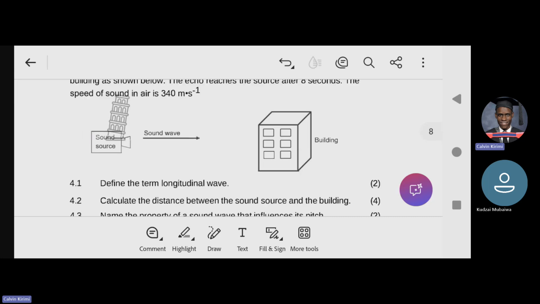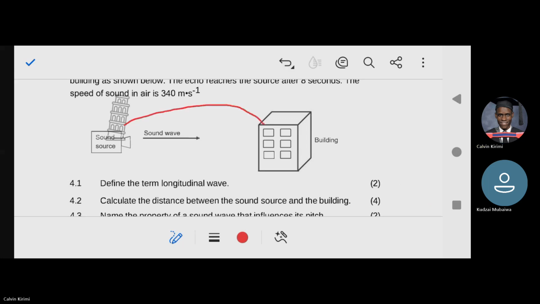So what is happening there? The sound goes to the what? Building. Can you see? Yes, sir. Then from the building, the echo comes back. So can you see what is happening?